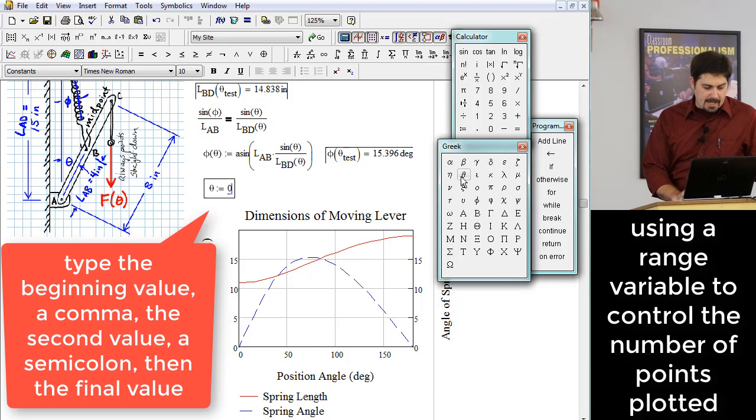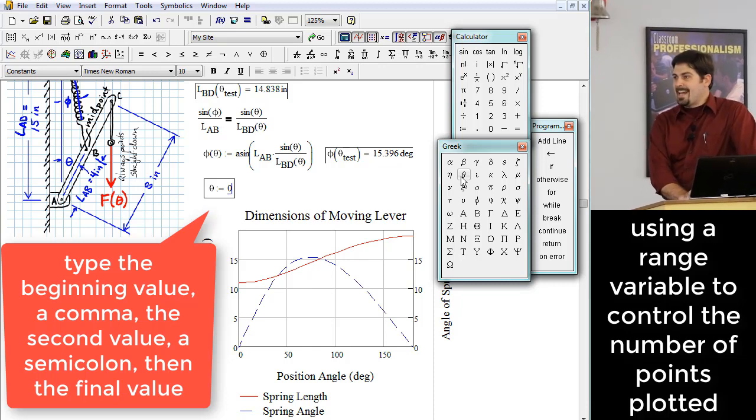The next step is you put in the next value that you would like in the sequence. Okay. So let's say we want to do it every degree. So I put in 0, comma, 1 degree, and then someone says dot, dot, dot, right?